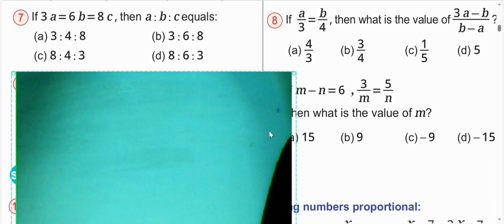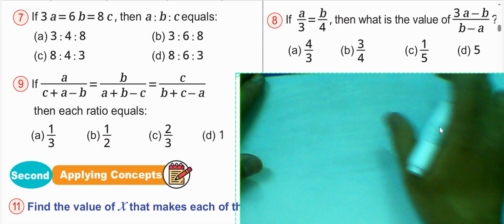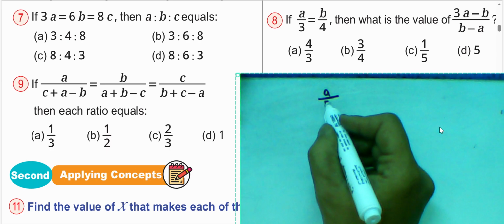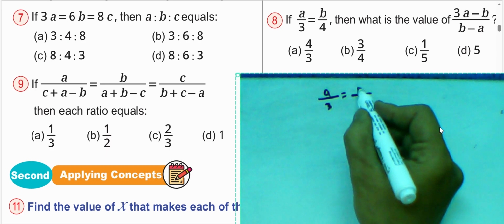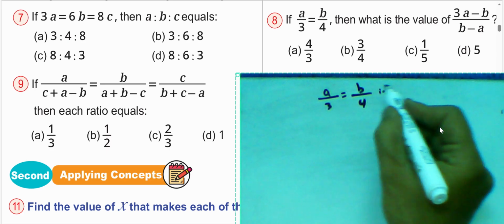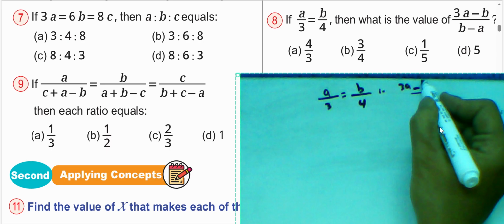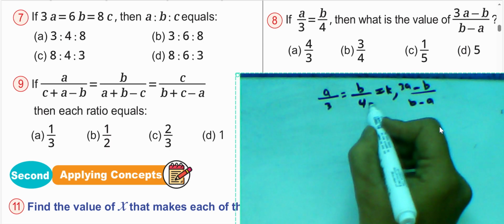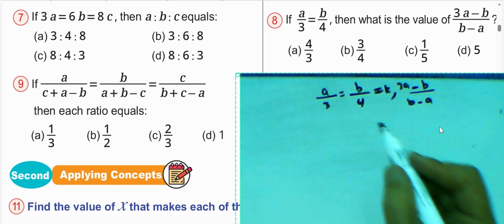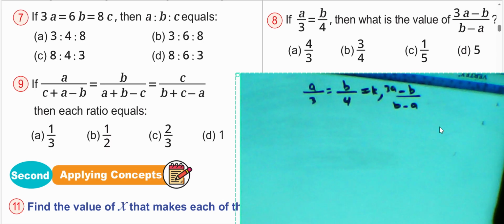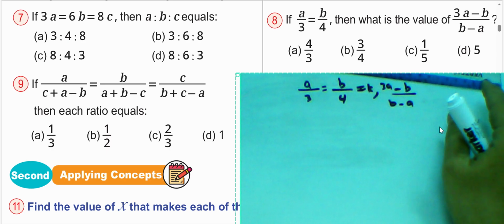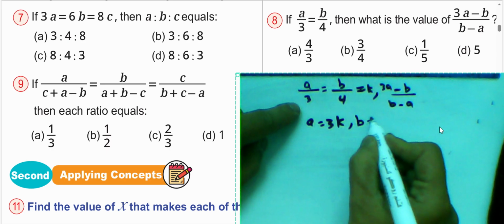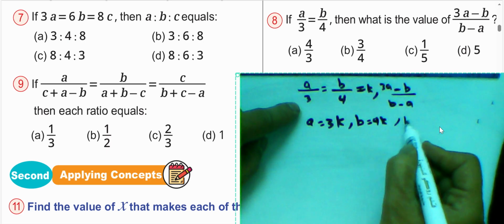Number 8. We have a over 3 equal to b over 4. What is the value of (3a minus b) over (b minus a)? We can put a constant k, with k not equal to 0. Then the value of a will be 3k and b equals 4k, with k not equal to 0.